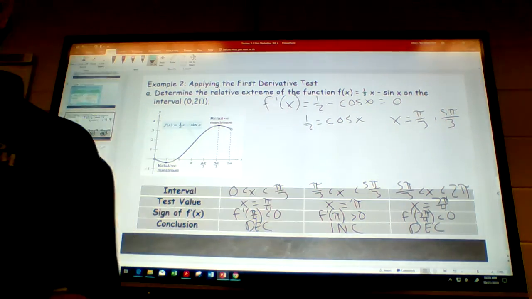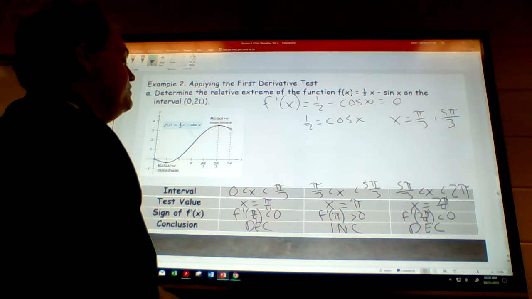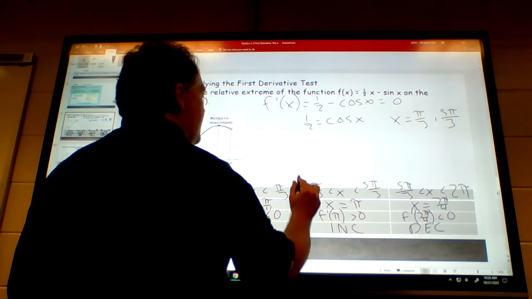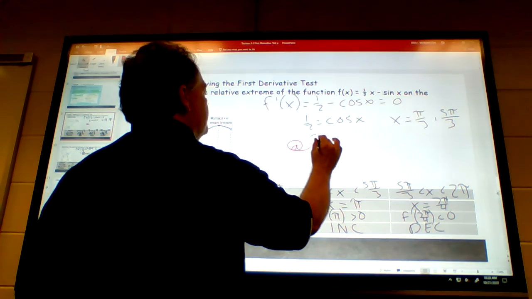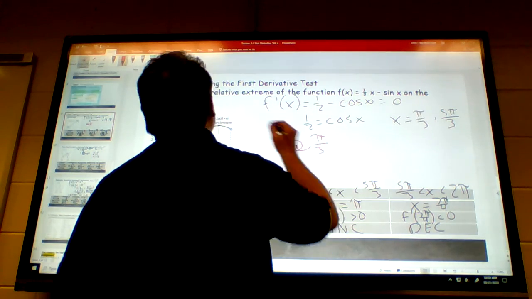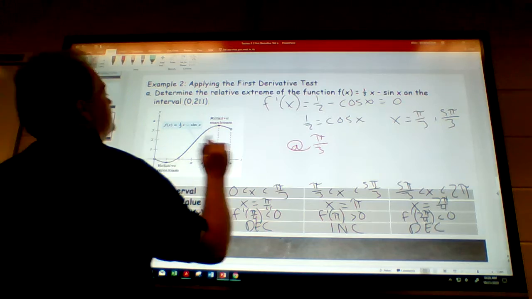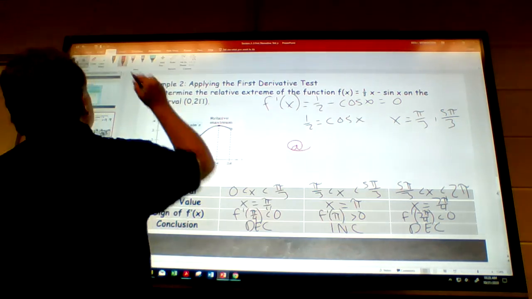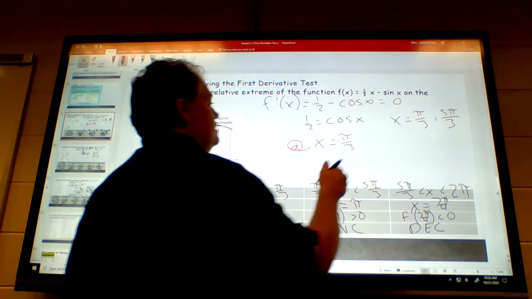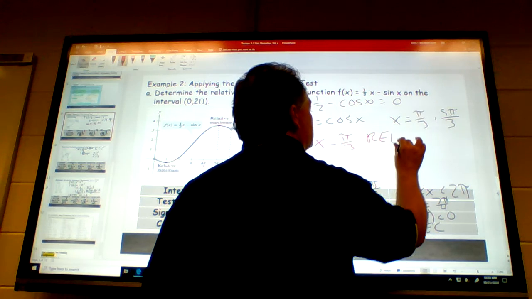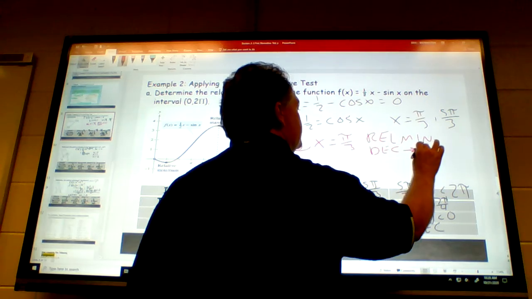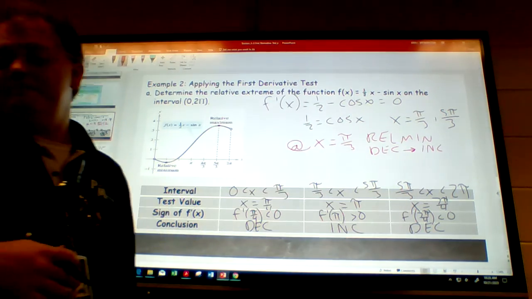So what are we looking for? Well, we're looking for where it changes from decreasing to increasing. Since it does that right here, that means at x equals pi over 3, you have a relative min, since it goes from decreasing to increasing. So that's a relative minimum.